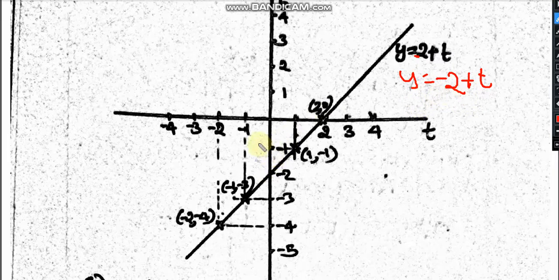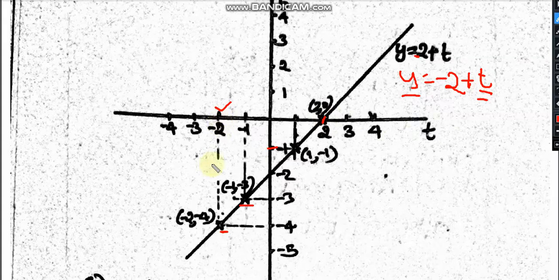Same thing from the matrix A: when t equals minus 2, what will be the value of y? It is minus 2 minus 2, which becomes minus 4. You can check the value of b in the given equation. When t equals minus 1, the y value becomes minus 3. When t equals 1, the value becomes minus 1. And when t equals 2, minus 2 plus 2 becomes 0, right?